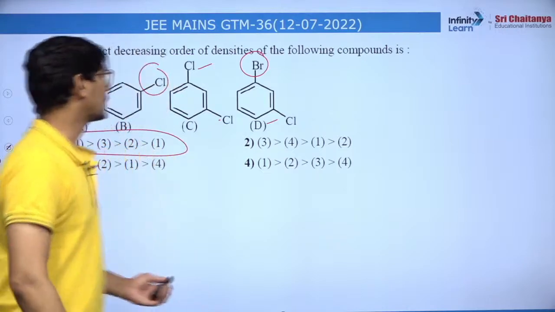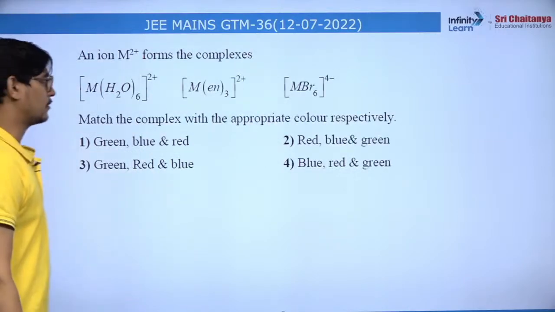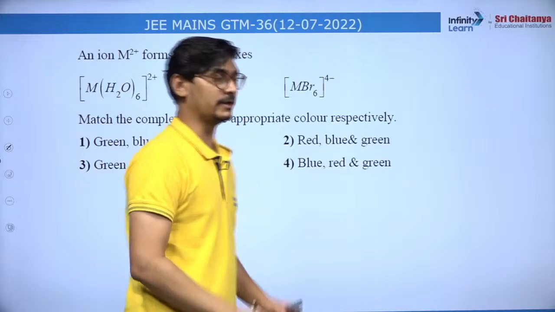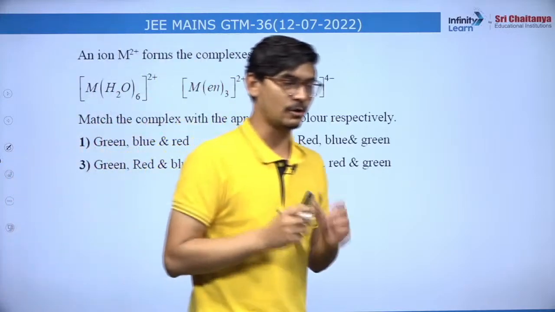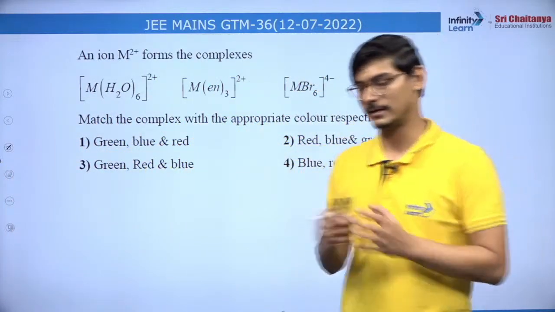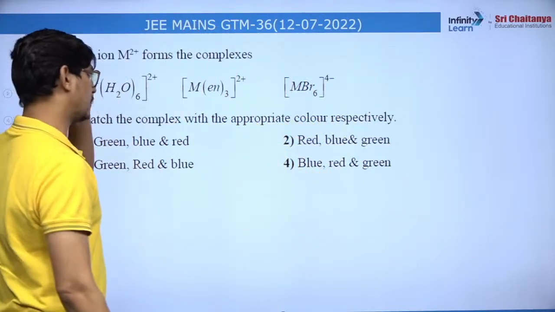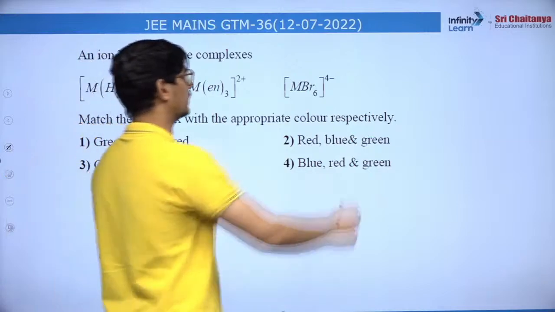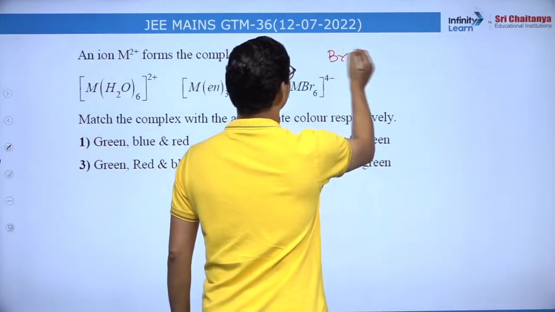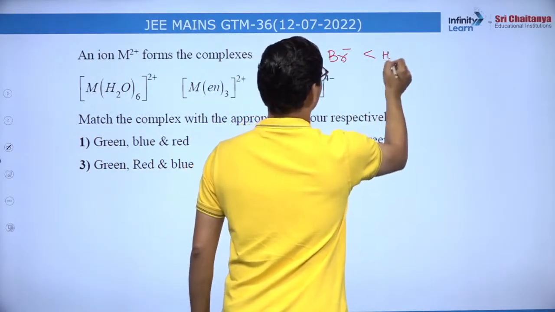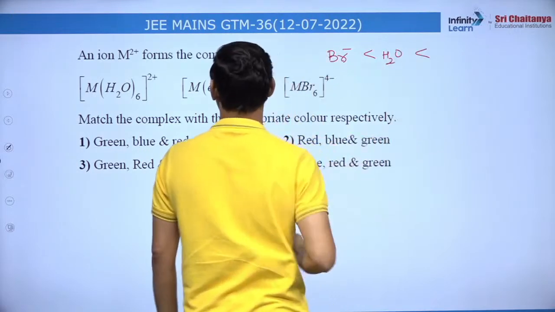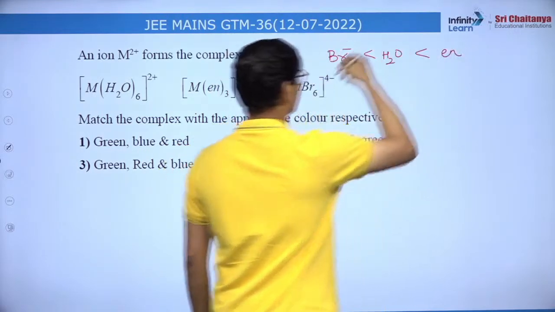All right. Then in this question, match the complex with the appropriate color. You should know that the absorbed radiation and the color of the complex are complementary. Now, if you arrange these ligands in the order of increasing strength, then bromide is the weakest ligand, followed by water as a stronger ligand, and en is the strongest ligand out of these.